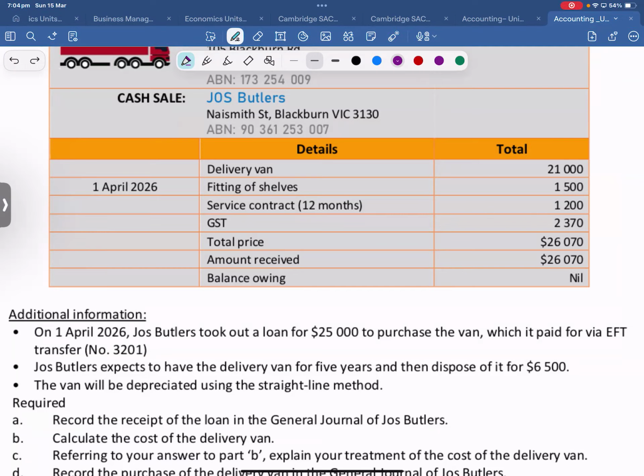It says on April 1st, 26, Josh bought a van with a loan of 5,000 USD, which it paid for. So who's paying for it? Firstly you are getting the loan via EFT. So the bank, whoever the lender is, is paying you money.